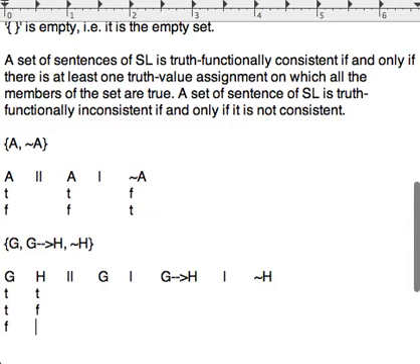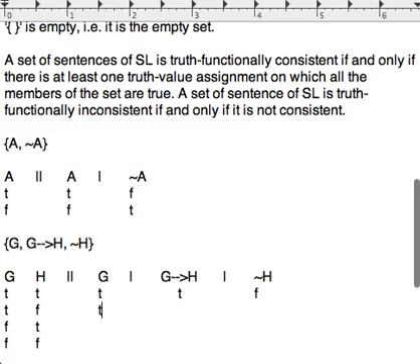And hopefully by now you've mastered how to make these truth tables really quick. I'm going to go a little bit quicker here on the assumption that you guys have started to master this a little bit. So we know that G is going to be true in this scenario, and if G, then H is going to also be true here because both the antecedent and the consequent are true, and not H is going to be false.